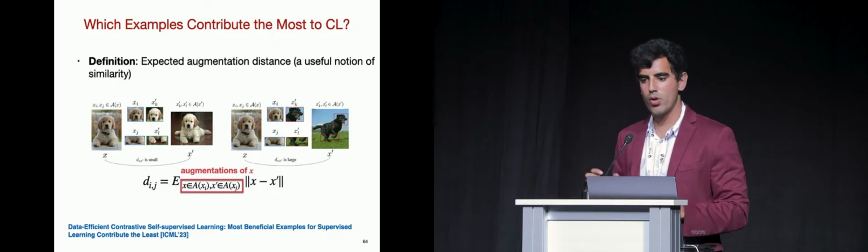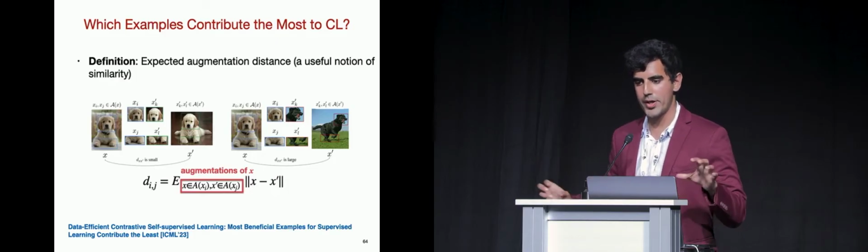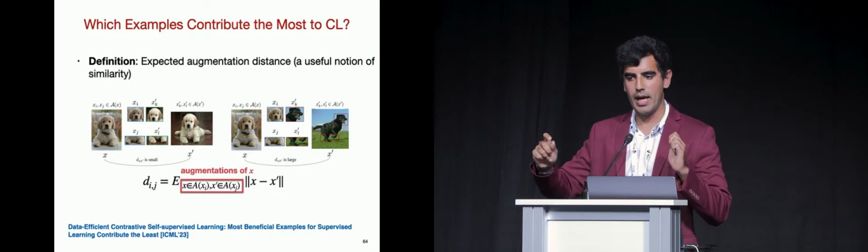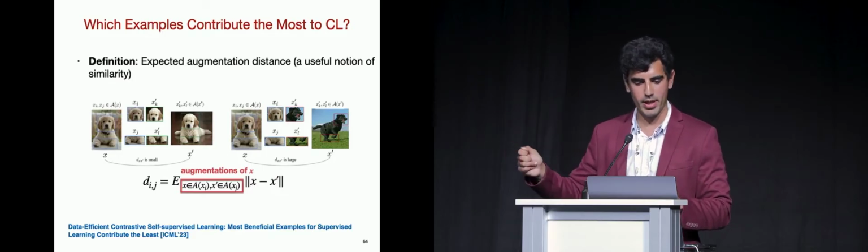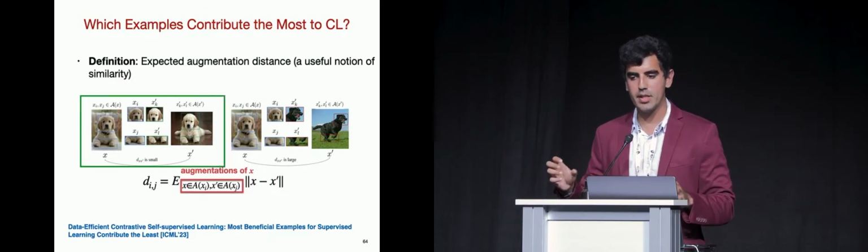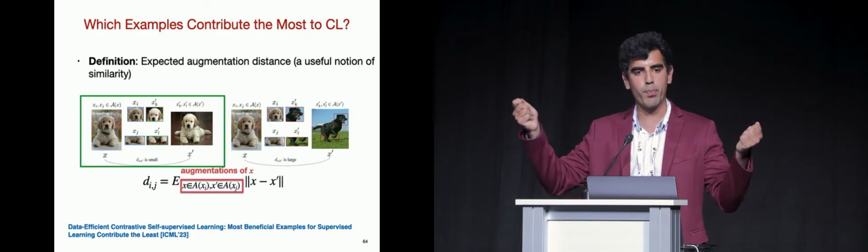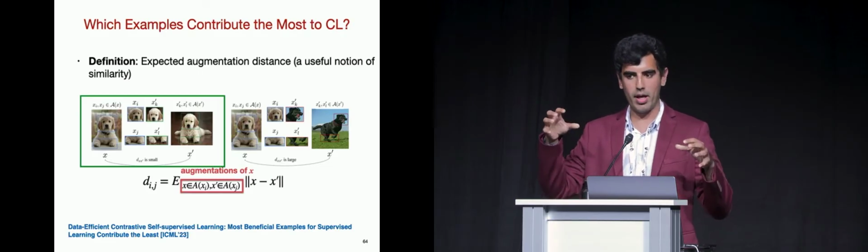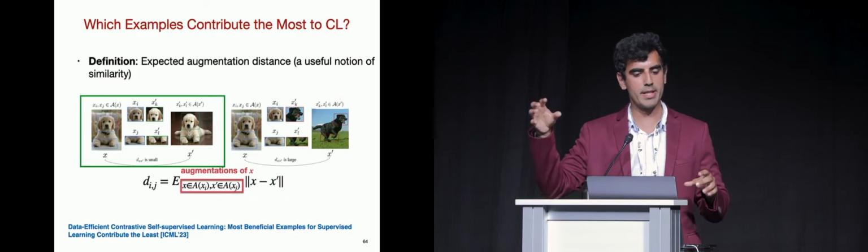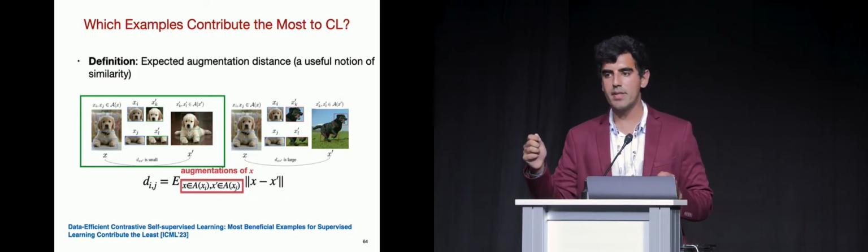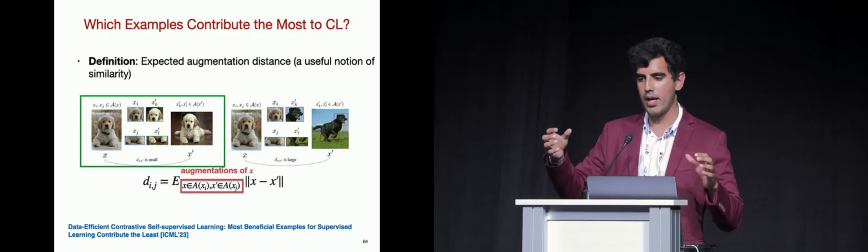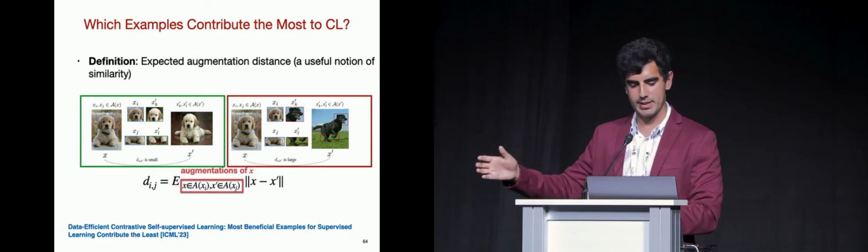Okay, so I'll take a quick aside to introduce a useful helper notion, and we'll use this in a couple of slides from now. So since the contrastive loss pushes and pulls the representations of examples based on their similarity, we'll first define this notion of similarity, and let's call it expected augmentation distance.